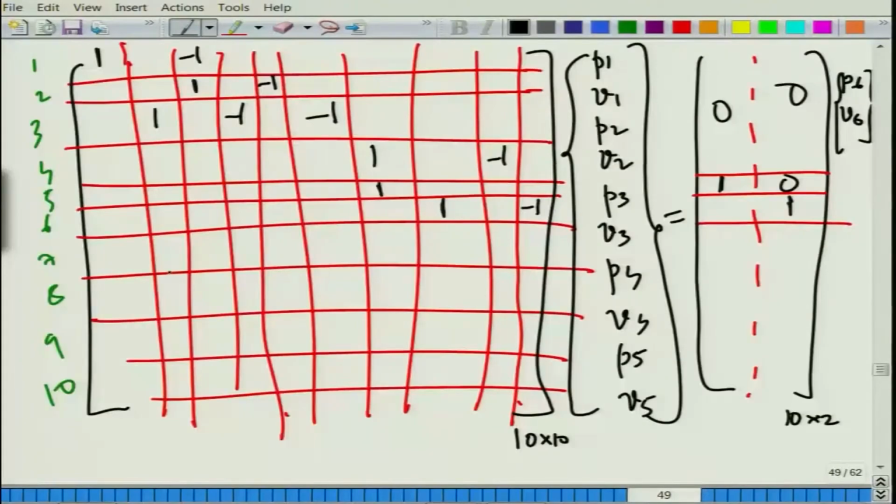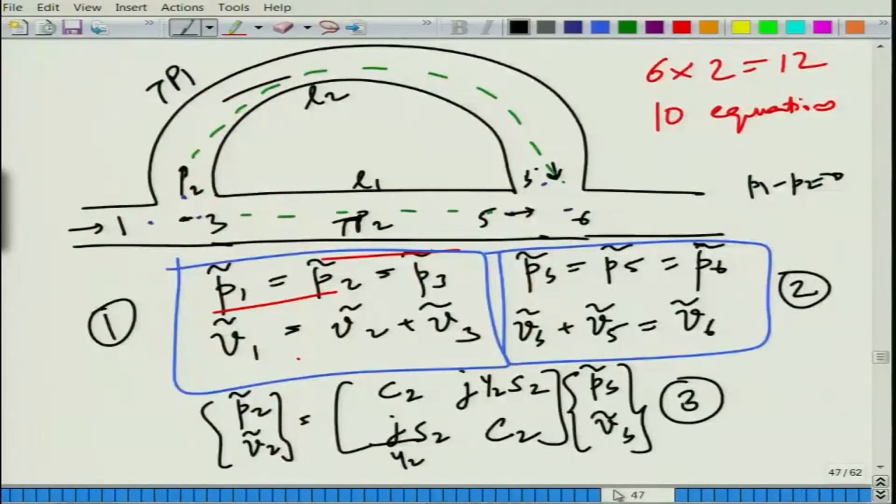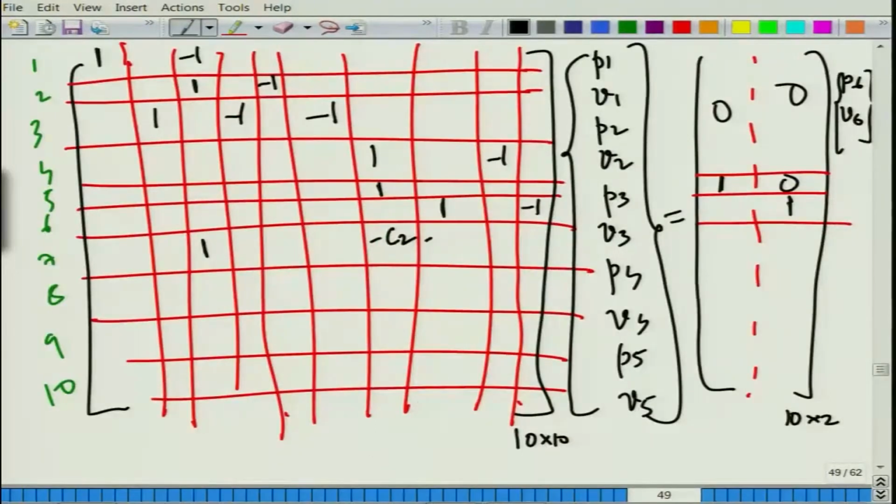So, in place of this entry it will become 1, and then your P4 entry will be minus C2, is it not, and then there will be minus j sin y2 sitting here. So, here there will be minus j S2 y2, and what is the other equation that we have?